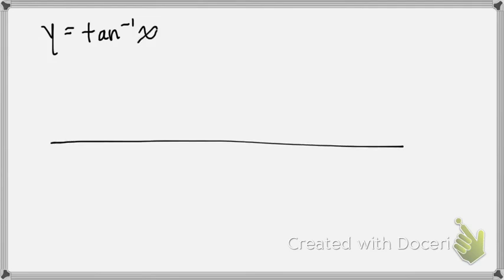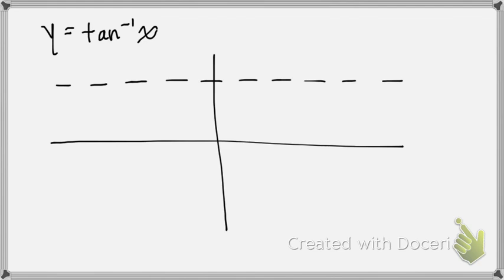All right, and then finally, let's look at the parent function for inverse tangent. If you remember tangent, that has vertical asymptotes, right? And then through the reflection to the inverse, we're going to have horizontal asymptotes instead of vertical asymptotes.